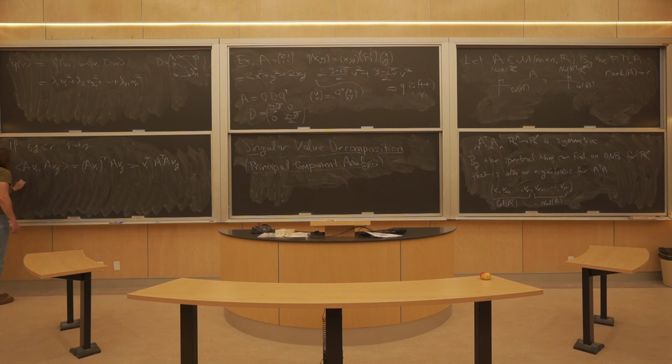That is to say, this is the same thing as vi against A transpose A vj. But vj is an eigenvector of A transpose A, which means that it's basically vj up to some number. It's one of these eigenvalues corresponding to vj.